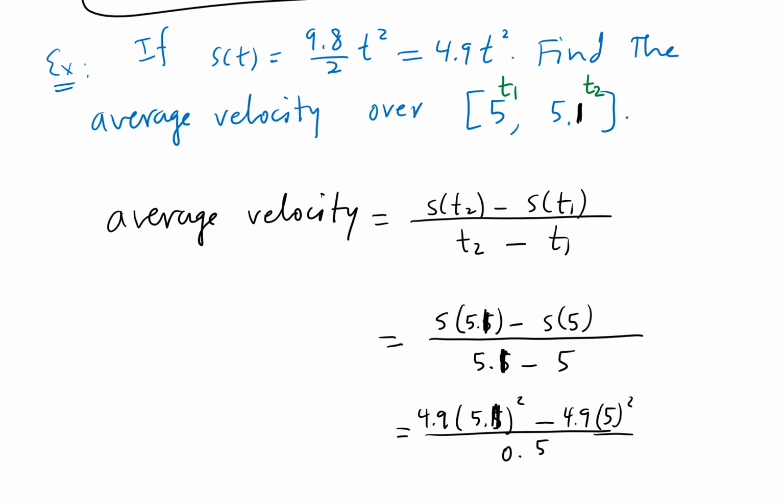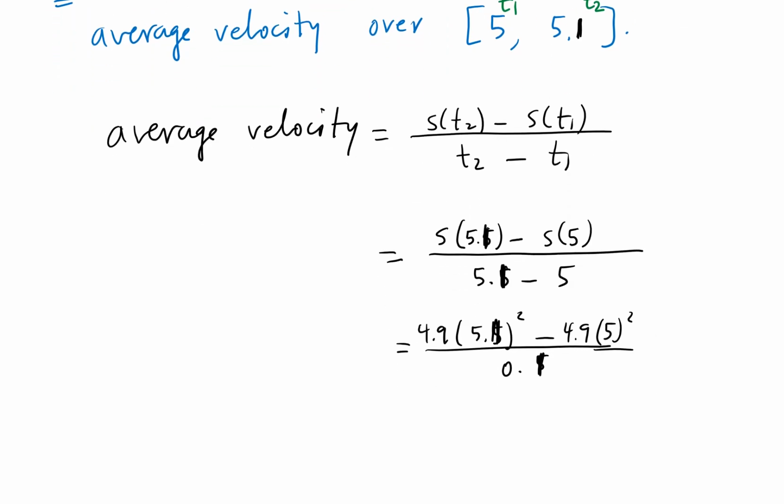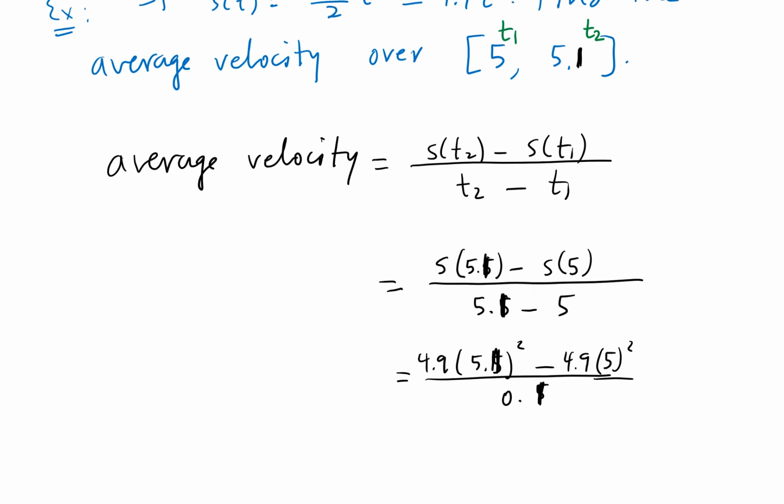That gives us 0.1 in the denominator. So I change 5.5 to 5.1, and I'm putting that on the calculator. Let's see what that's going to give us. That gave me 49.49 meters per second.